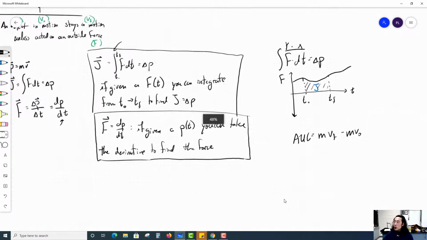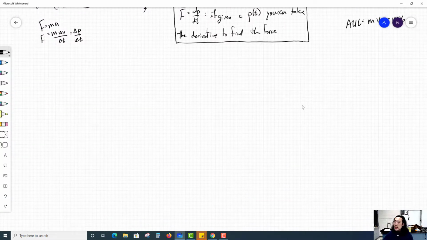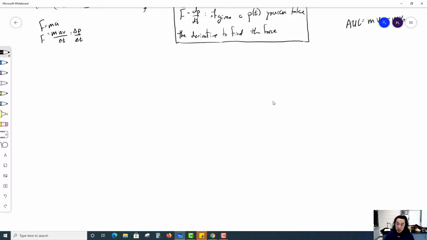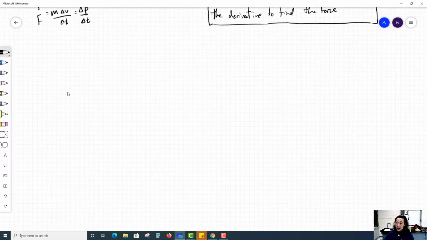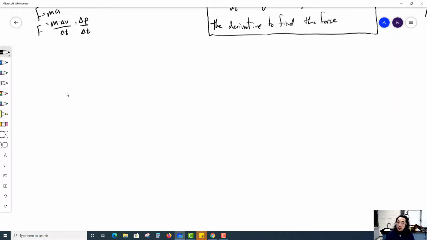A little side note. This is if an object does not lose mass and it is moving. An object in motion stays in motion. However, we haven't talked about what if the object is in motion but it's losing some of its mass. An example of this would be a rocket launch. So as a rocket is launching, let me do a quick sketch.